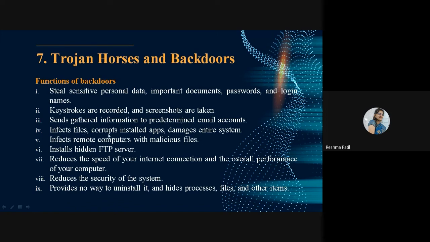Infect files, corrupt, install applications, damage the entire system. Infect remote computers with malicious files. Install a hidden file transfer protocol server, which means your files are automatically transferred to another server. You don't know about that.